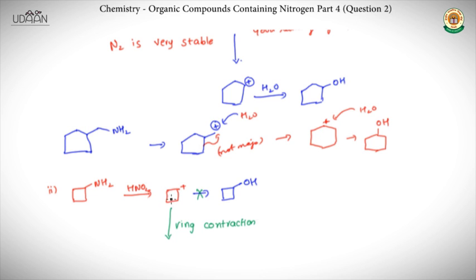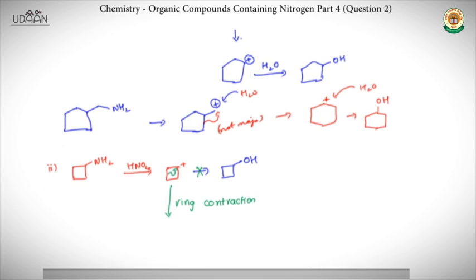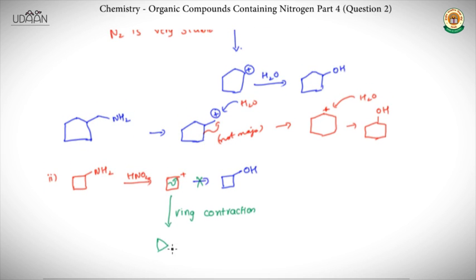Now if this bond breaks in this direction, you're going to get this compound. Now this is very much stable, because it has bent orbital stability. Bent orbital, remember this from your GOC. That is, this bond is not straight or not as it appears to be, and these bonds are bent shaped.